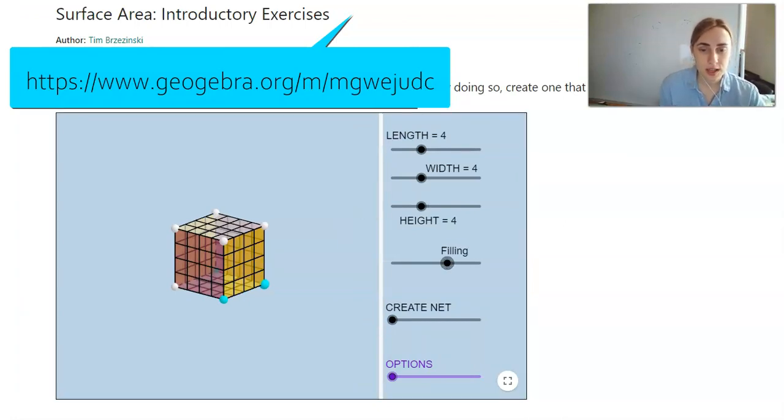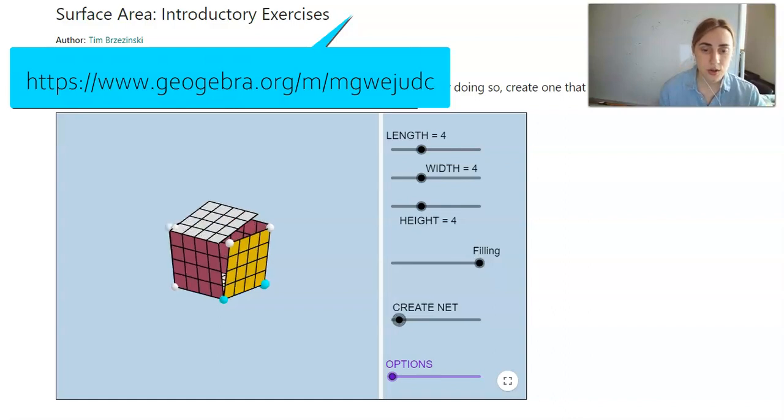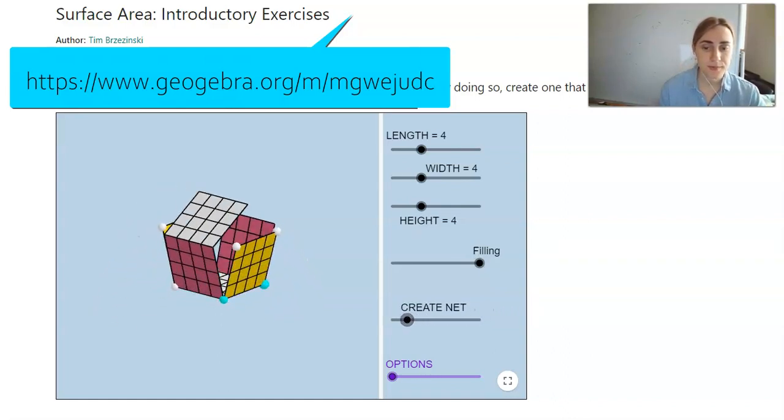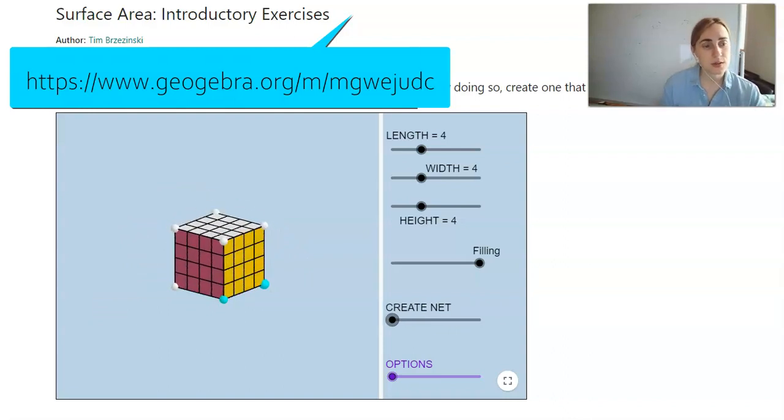You can also change how opaque or transparent the cube is. So if you just want to focus on the 3D version, or if you want to imagine that you can see through it and think about each of the faces, like we're being asked about in our introduction/launch, you can also create a net by opening up the cube and putting it back. So you can use this to support you for the introduction.